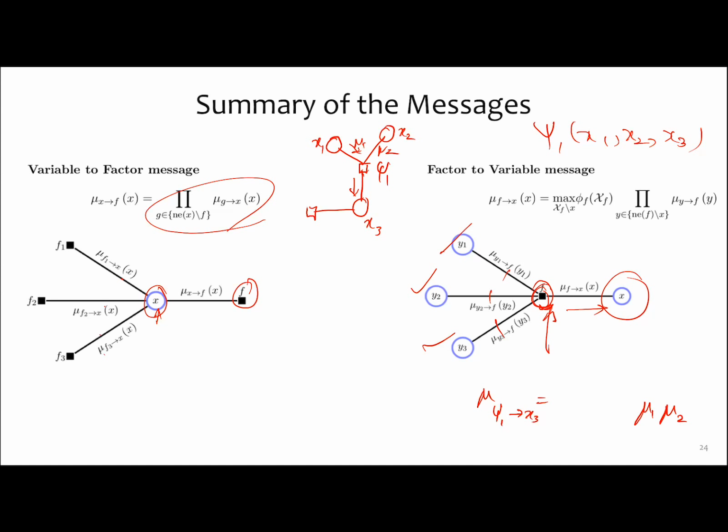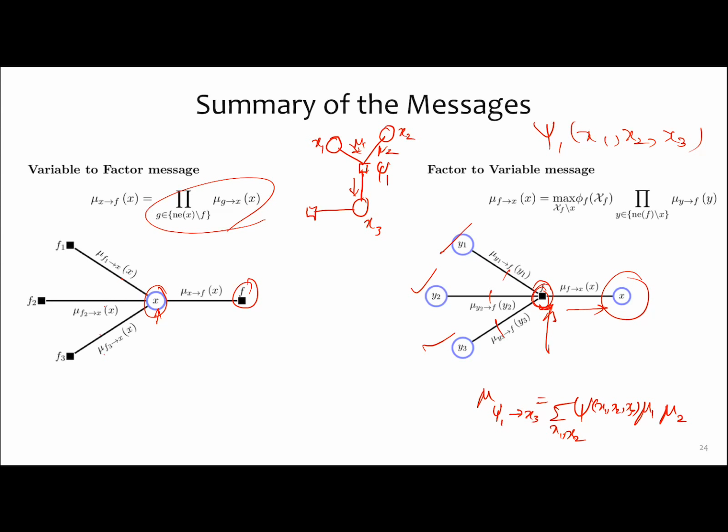Because it's an outer product. And then what? Then you multiply by psi 1, which here is a tensor, because it's a function of 3 variables. And then what? Marginalize over x1 and x2. So you are sending a message to x3, you have to get rid of all of the rest.